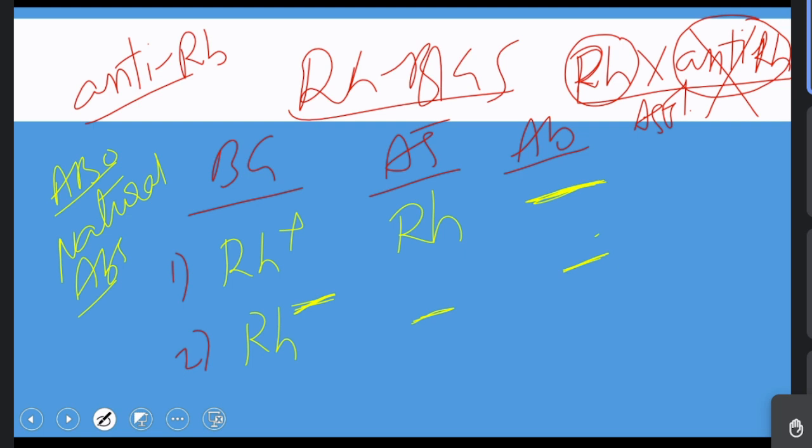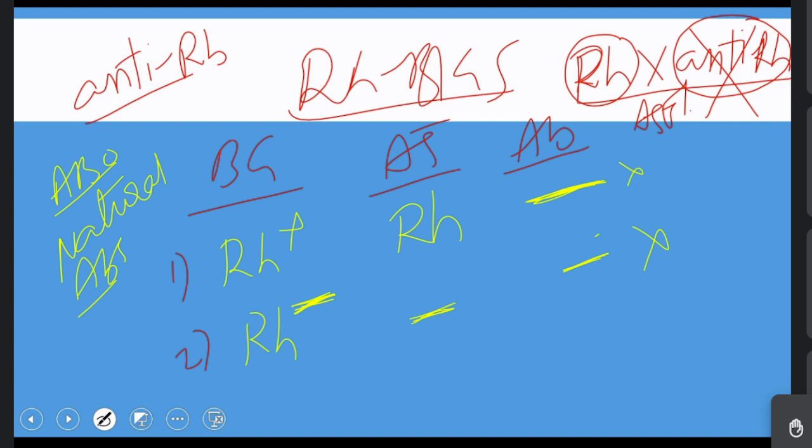You note it down. That means RH positive anyway cannot contain antibody. RH negative, as antigen is absent, can have anti-RH antibody, but even in this person antibodies are absent. So natural antibodies are absent in RH negative individuals.